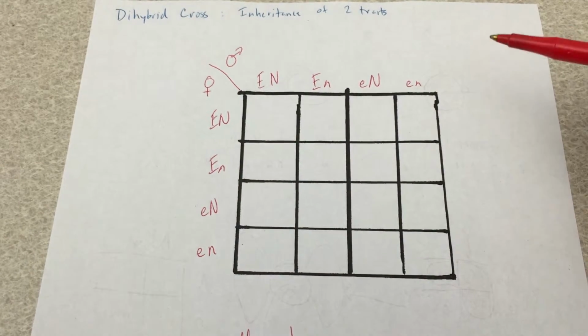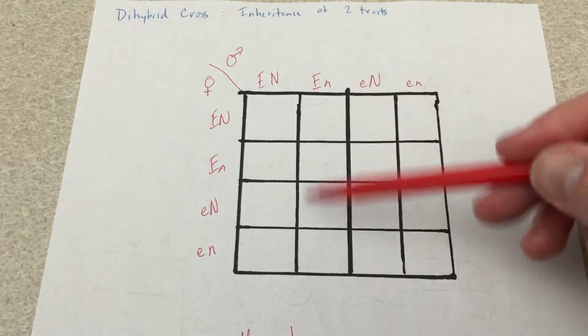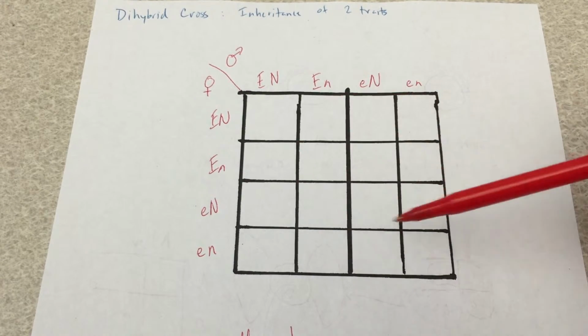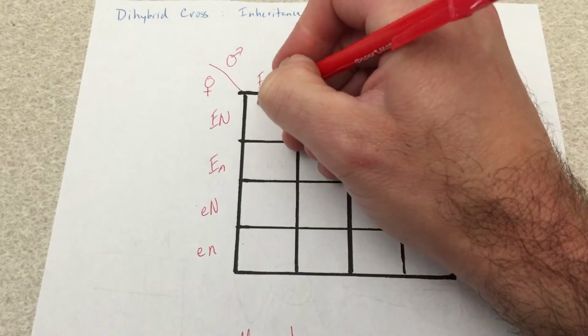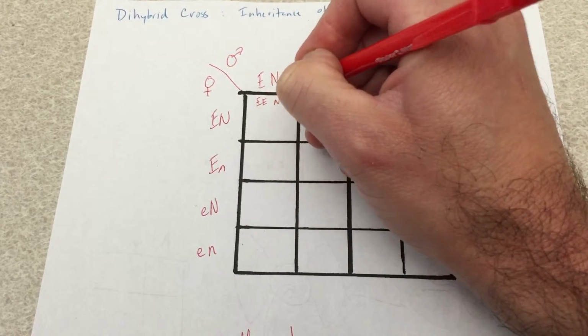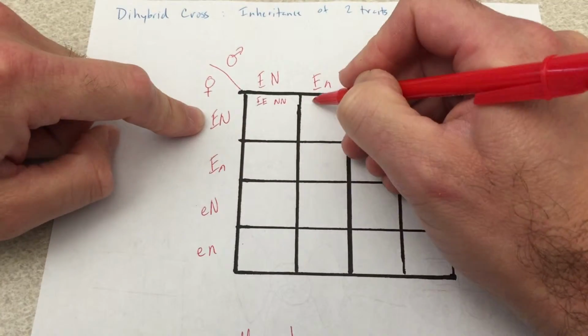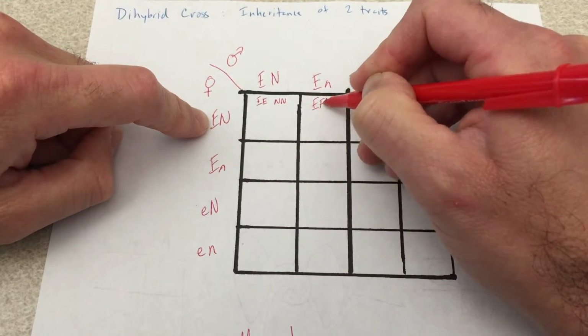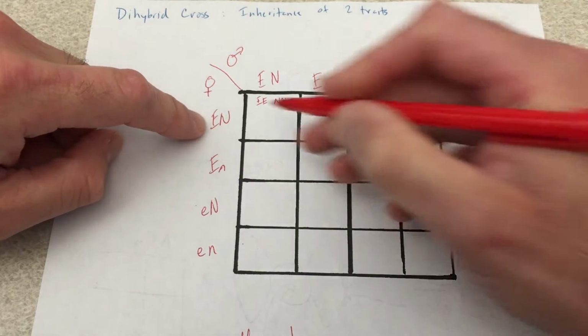Now, you can determine the genotypes of their offspring and the possible phenotypes of their offspring based upon a dihybrid cross. So you can do big E, big N, big N for that combination. Big E, big N, little n.